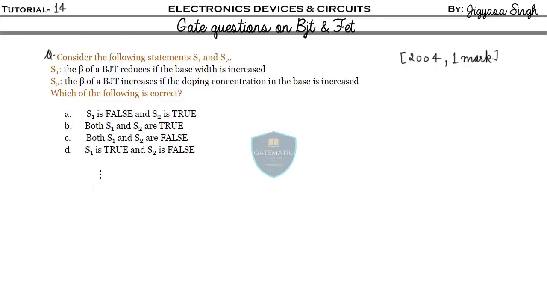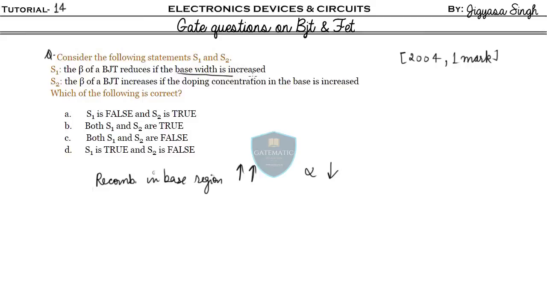Now, one thing you should know is that if the recombination in the base region increases, then alpha will decrease. It is saying that the base width is increased.